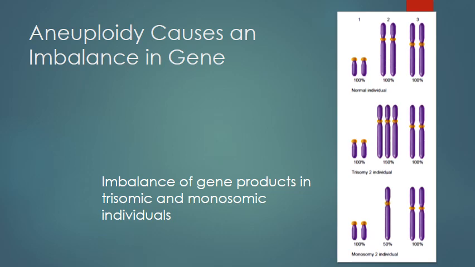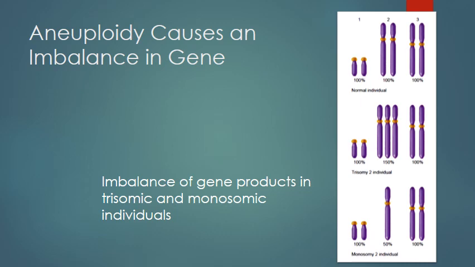Alternatively, if only 1 copy of that gene is present due to a missing chromosome, less of the gene product is usually made, perhaps only 50%. Therefore, in a trisomy or monosomy individual, an imbalance occurs between the level of gene expression on the chromosome found in pairs versus the one that is not.